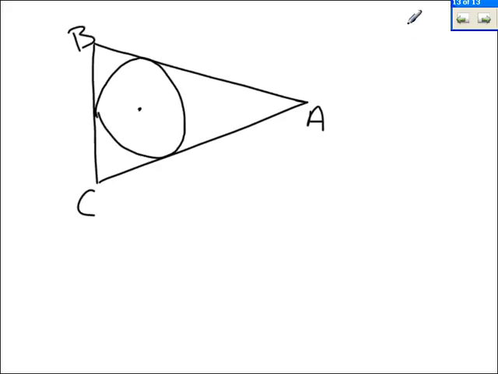Nice, perfectly round circle. And you call the points where it meets the triangle P, Q, and R.